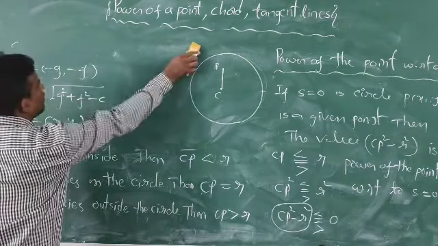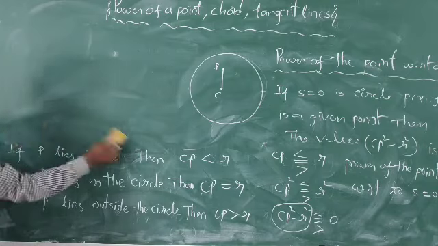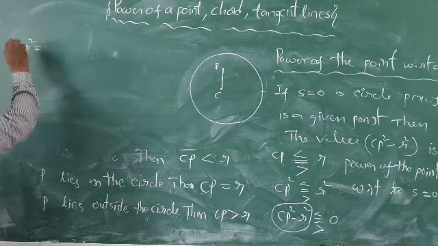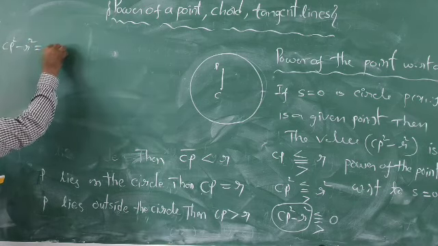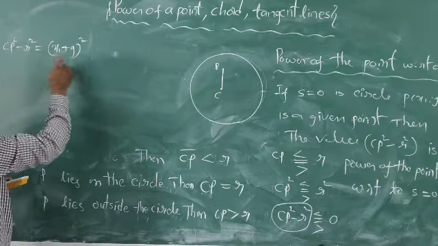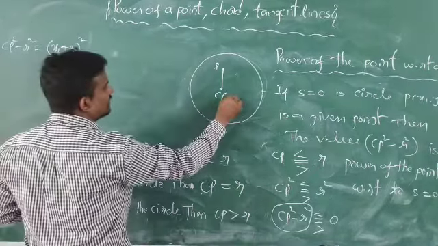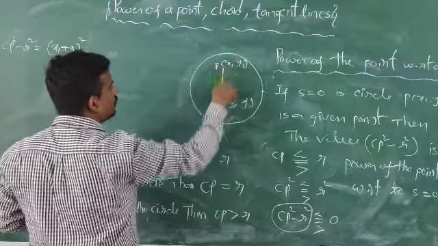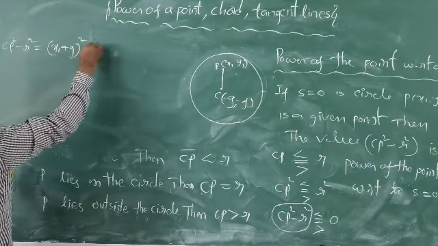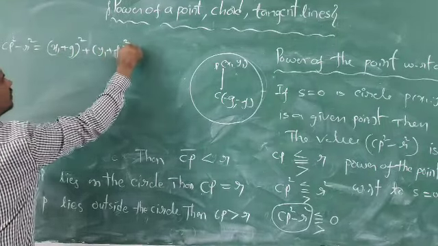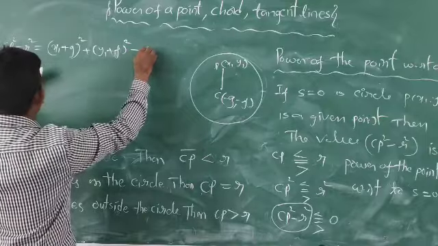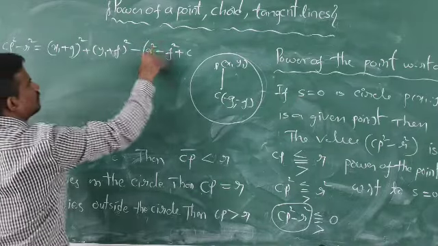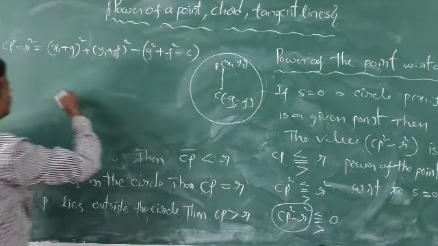And we may observe one thing that's very interesting. What is CP square minus R square? CP square minus R square will be equal to the distance between the center (minus g, minus f) and the point (x1, y1), which is x1 plus g whole square plus y1 plus f whole square, minus r square. R square means g square plus f square minus c.